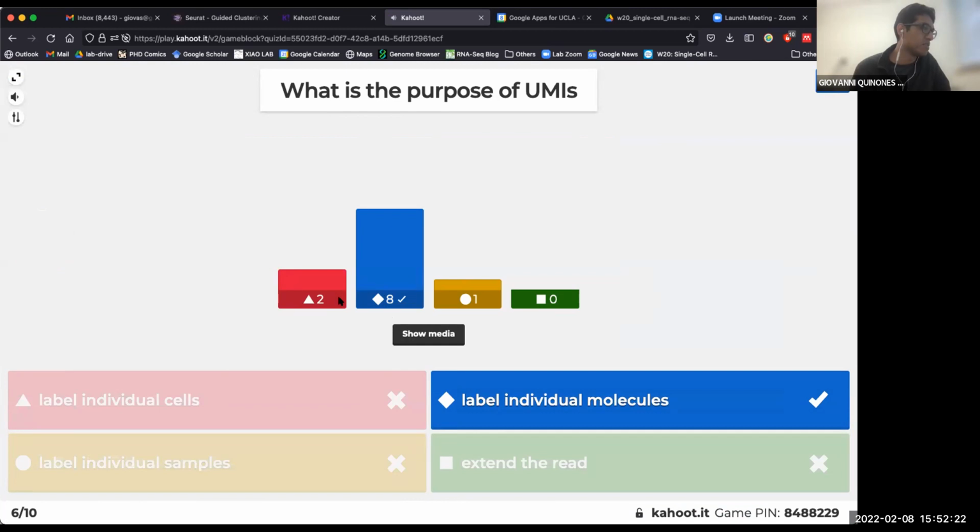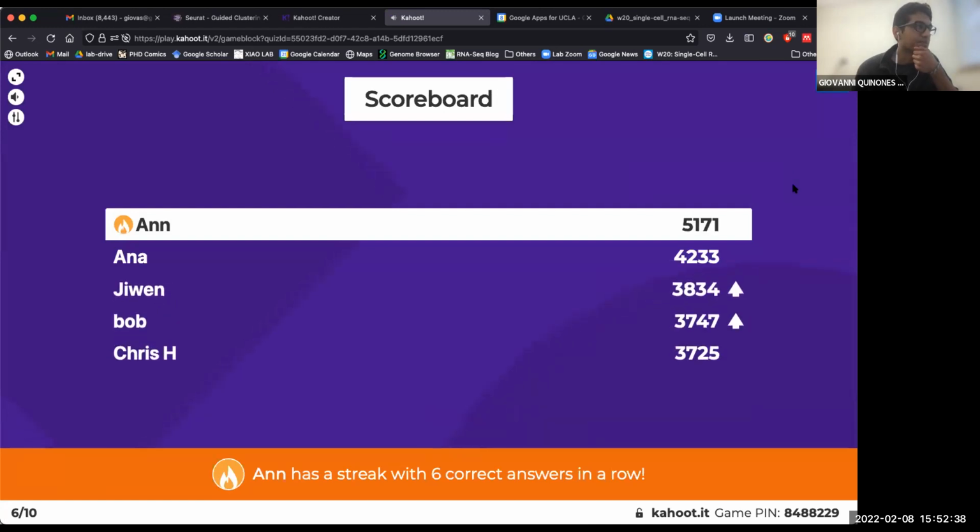Not to be confused with barcodes. Actually, I shouldn't explain too much. I believe that's the next question. But congrats to the people that got it correct. Let's move on.